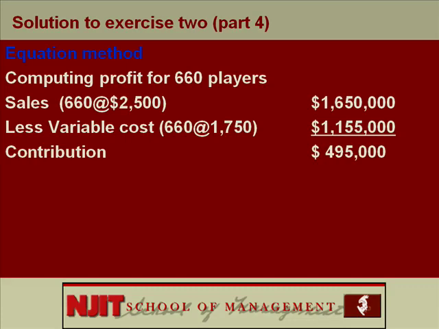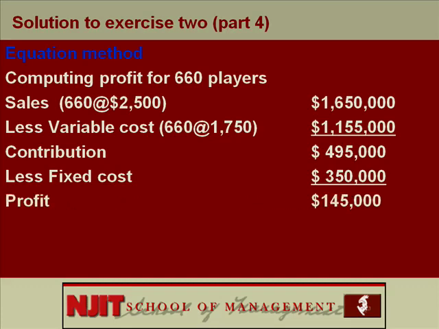Contribution is 495,000. The fixed cost has increased because you have a commercial, which is basically a fixed cost of 50,000. So the new fixed cost is 350. So the profit, if you implement the strategy, is 145.